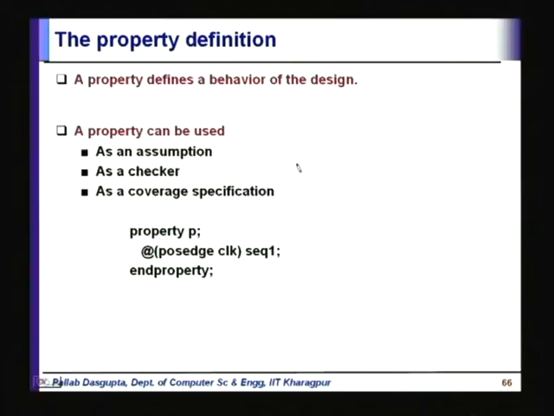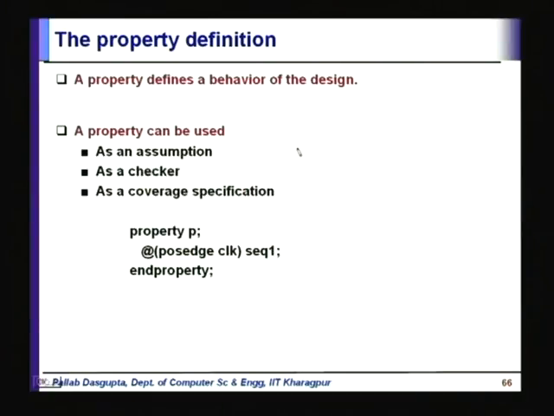Okay. Now, so far we have only studied sequence expressions, and we have seen how to write properties out of that. Now, in SystemVerilog, properties can be used in 3 different forms. It can be used as an assumption, as a checker, and as a coverage specification.